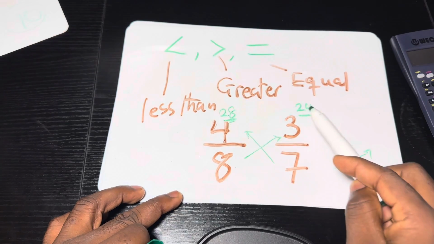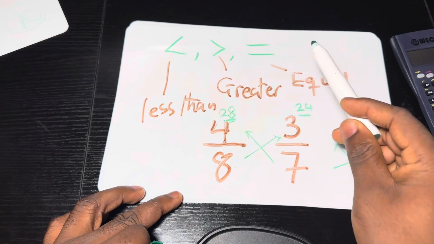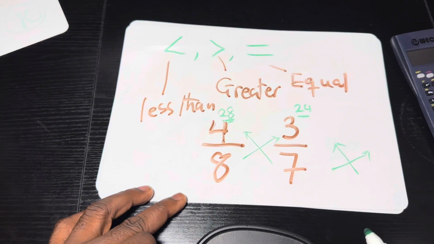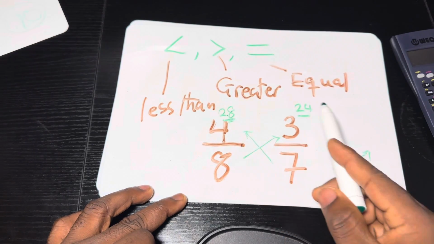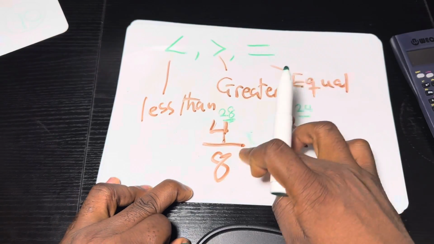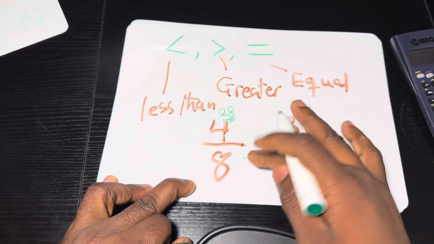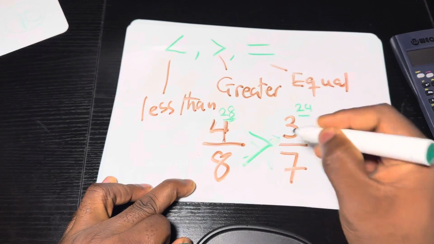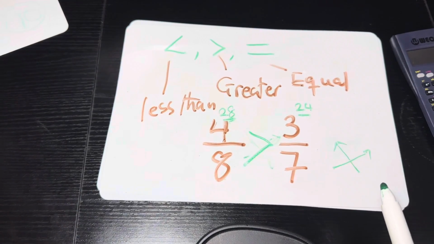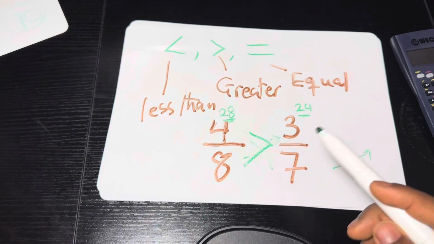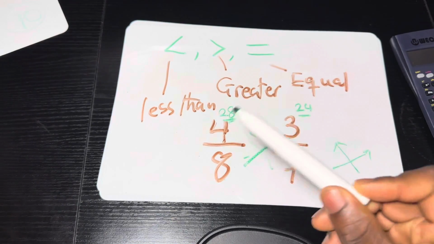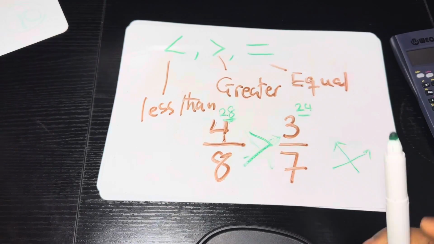So between 28 and 24, which of the signs do you think we're going to use? And the answer is the greater than sign, because 28 is greater than 24. So it's very simple. Cross multiply, you multiply the two numbers, you keep the top numbers, and use the top numbers to compare.